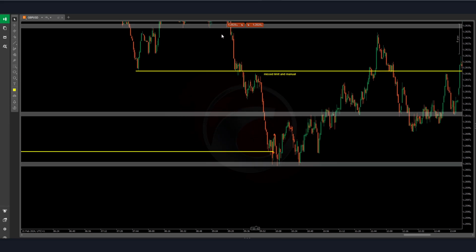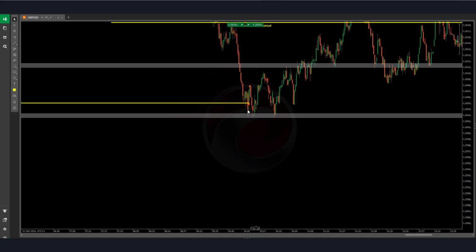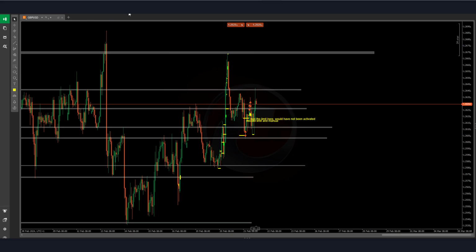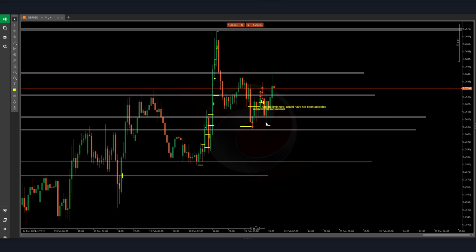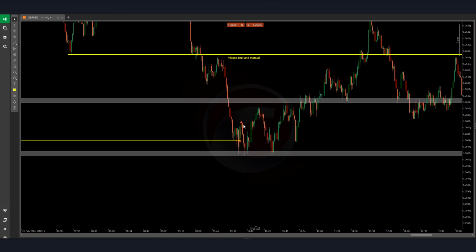I was hoping that price would continue pushing down after making these lows and break the hourly PSA, but it actually did not.